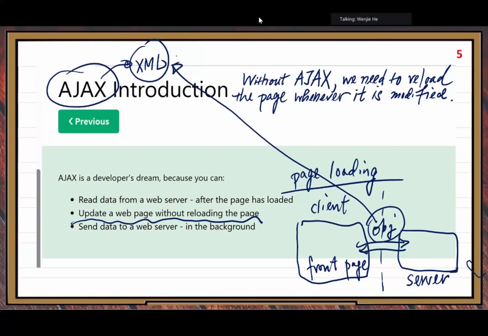Second, Google Maps. When you view a map, you use your mouse cursor to drag and see different places. So the server needs to send the map data to your web browser when you move your mouse, right?